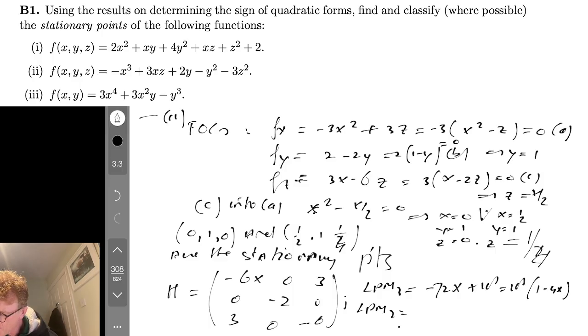LPM 2 is 12x by the look of it, and LPM 1 is minus 6x.